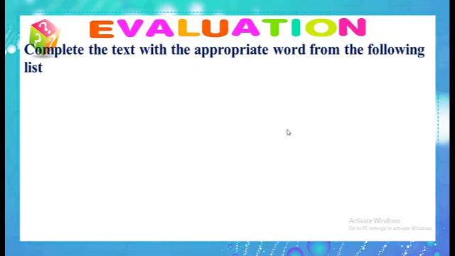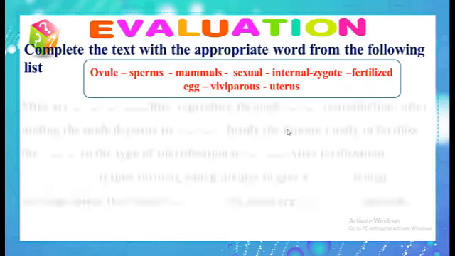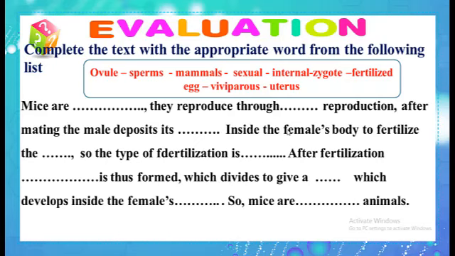Number 2 now. Complete the text with the appropriate word from the following list: ovule, sperms, mammals, sexual, internal, zygote, fertilized egg, viviparous, and uterus. Mice, as we said, are mammals. They reproduce through sexual reproduction.